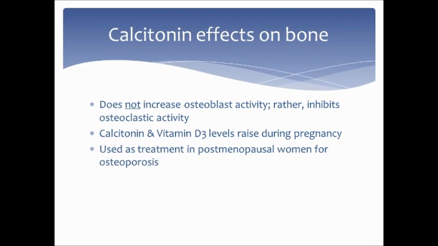Calcitonin does not increase osteoblast activity, but rather it inhibits osteoclast activity. So while the other one indirectly stimulates osteoclastic activity, calcitonin is going to inhibit it. Calcitonin and vitamin D3 levels rise during pregnancy because we are using these hormones to create bone in the embryo.